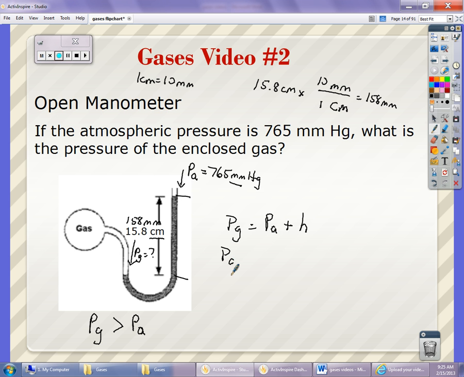So the pressure of the gas is pressure of the air, 765 millimeters of mercury, plus our height difference, 158, and you add them together to get your overall pressure. From here, you can convert it into torr or ATMs.